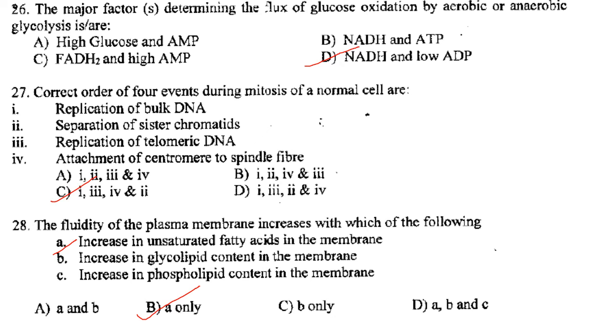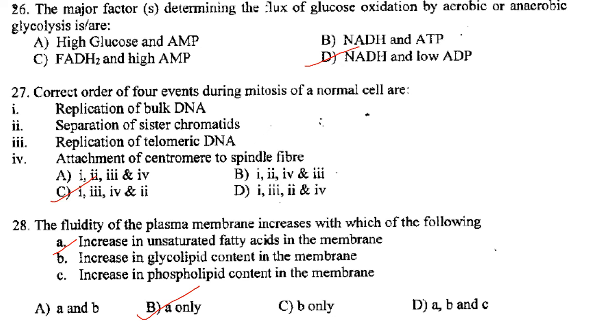Then next one. Correct order of the 4 events during mitosis of a normal cell are: replication of bulk DNA, separation of sister chromatids, replication of telomeric DNA, arrangement of the centromeres to spindle fibers. The first one will be replication of the bulk DNA that takes place in your S phase.